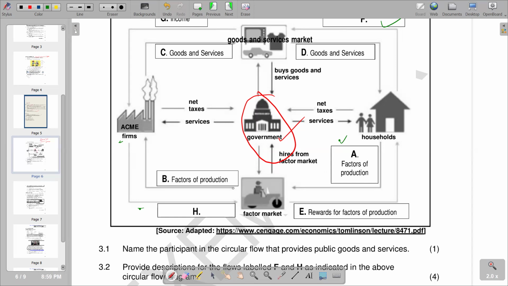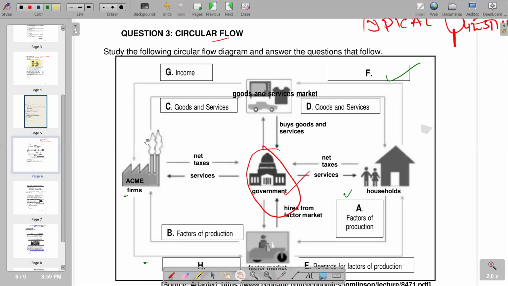Then we go to B. B, we are seeing a movement from factor market to firms. So all it provided to the firms. So it's also part of the real flow. Then we go to C. We have an arrow moving from firms to the goods and services market.